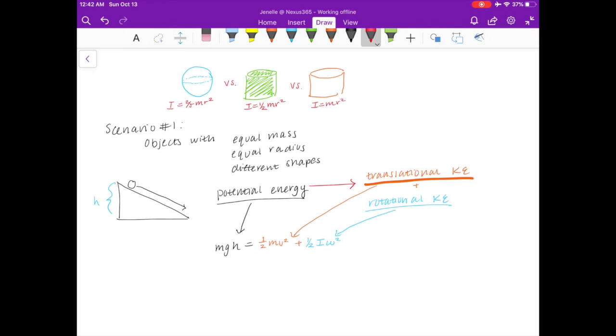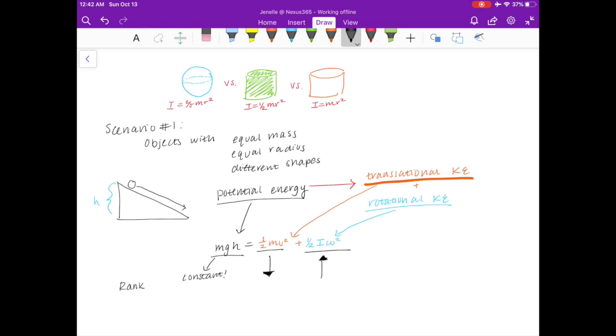So let's look at our equation again. Our potential energy is going to split up into translational kinetic energy and rotational kinetic energy. And so if we spend more energy on rotating the actual object itself, that means that we're spending less energy on the translational kinetic energy. And since the mgh, the potential energy, is a constant, as one goes up, the other must go down.